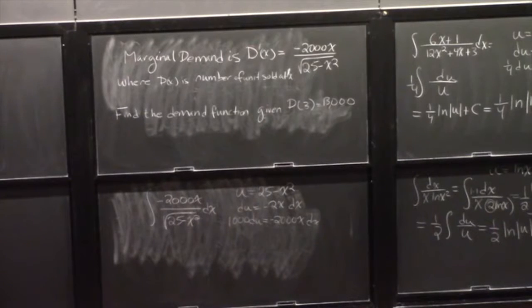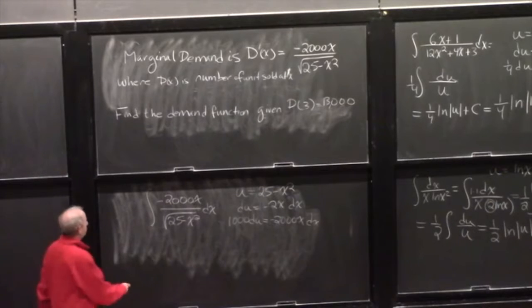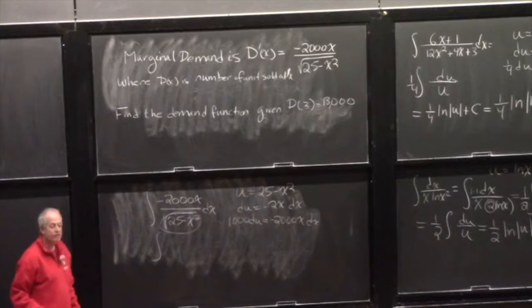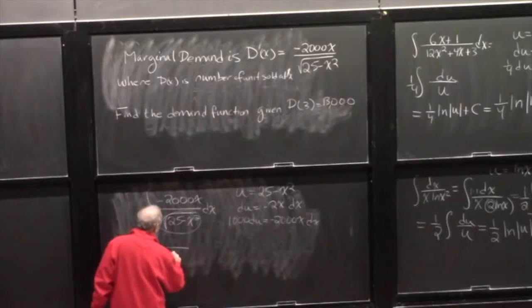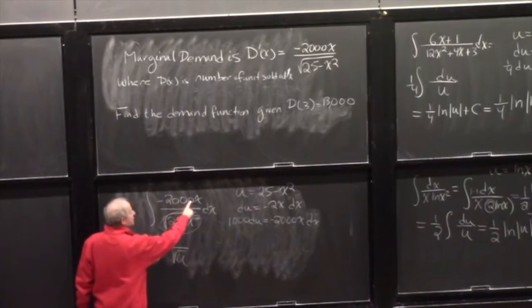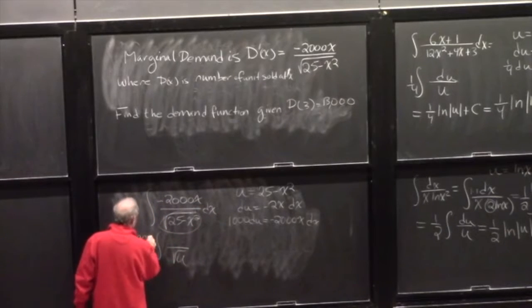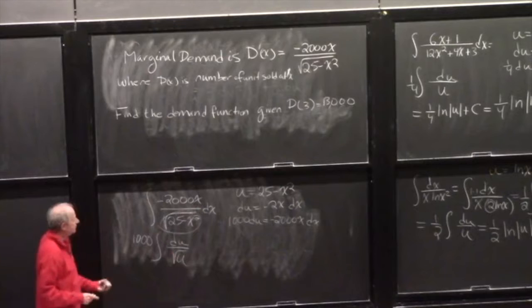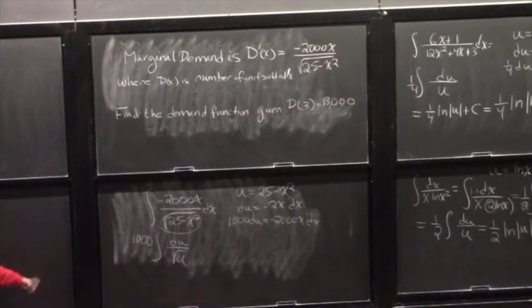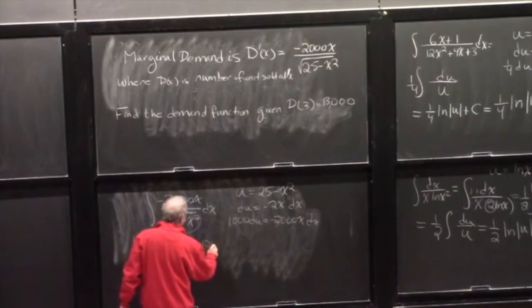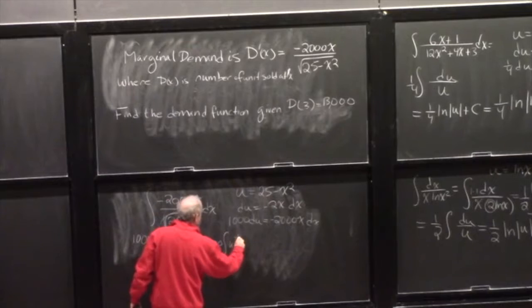Now I've got everything I need to substitute. I look here and I say, okay, that's the square root of u. And the minus 2,000 x dx is 1,000 du. So they're the same integral, but the second integral is much easier to do. So 1 over the square root of u is the same as saying u to the minus 1/2.